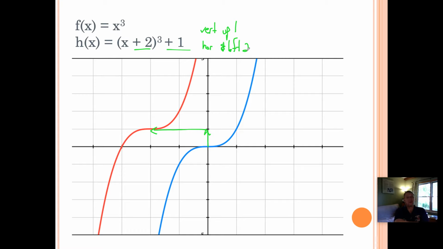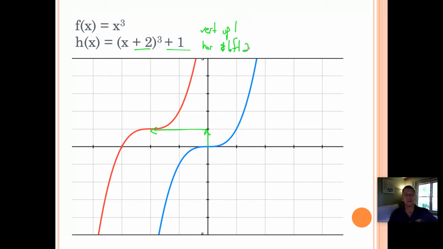All right. So here, where f of x equals x cubed, h of x equals the quantity x plus 2 cubed plus 1. Okay, x plus 2 cubed plus 1.